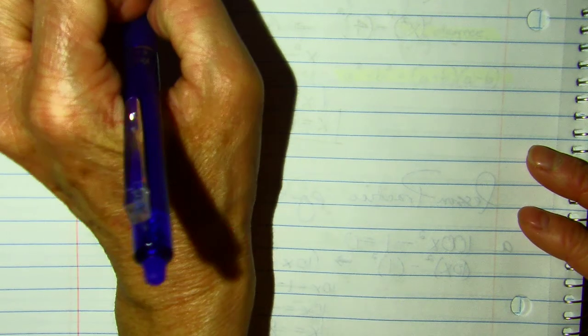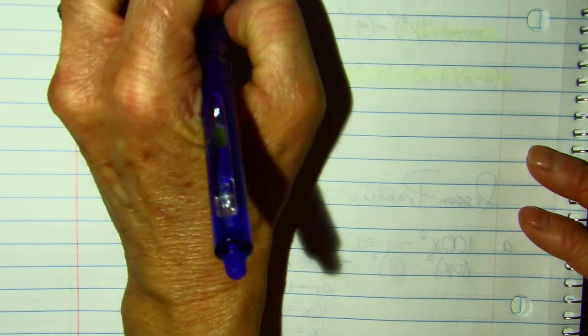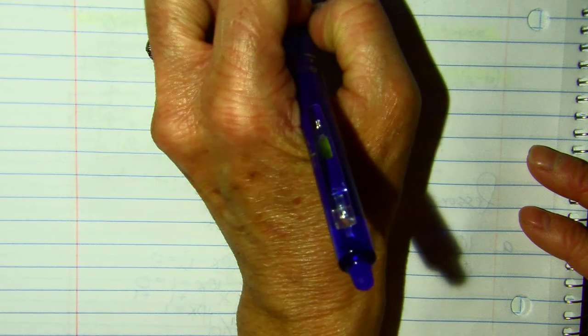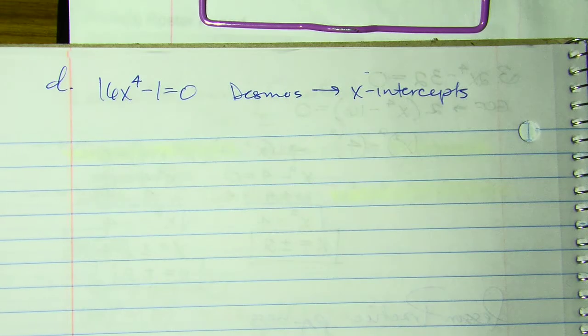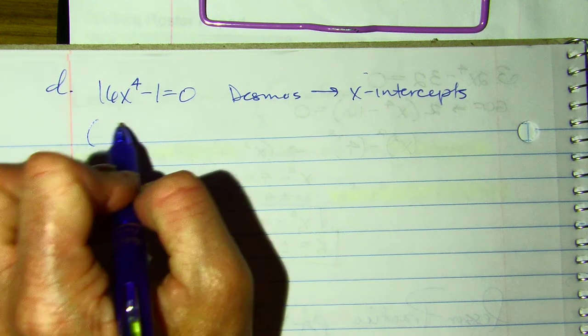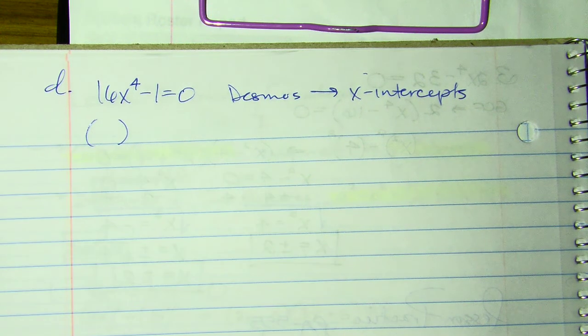If you enter 16x to the 4th minus 1 equals 0 into Desmos, you can check for your x-intercepts. If you don't want to use a graphing calculator, you could do it by hand. I think we've already solved this one. Didn't we?